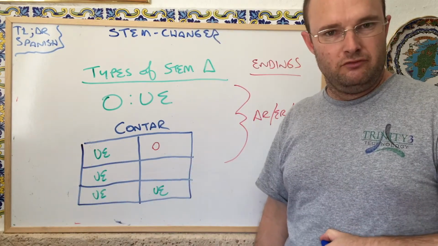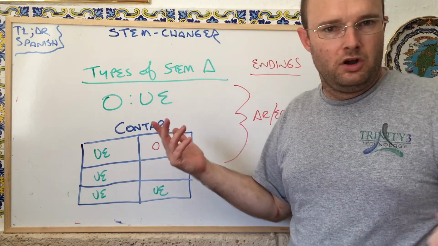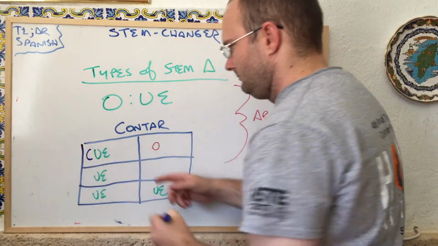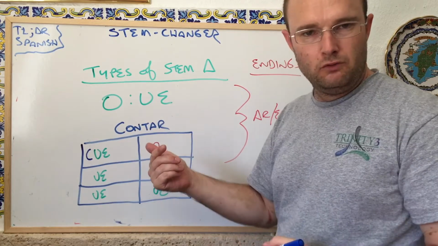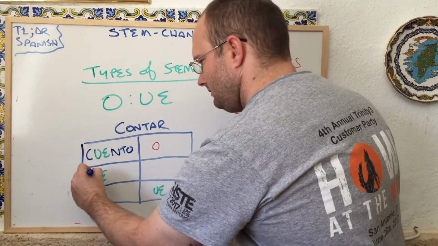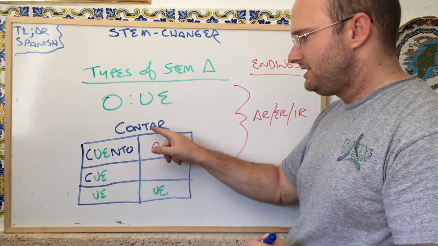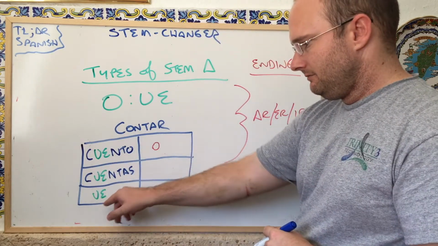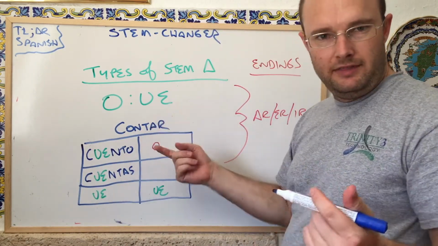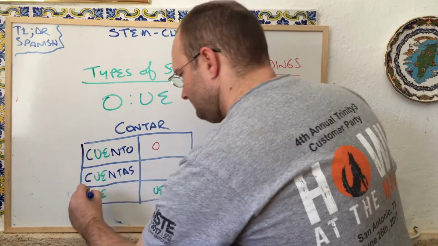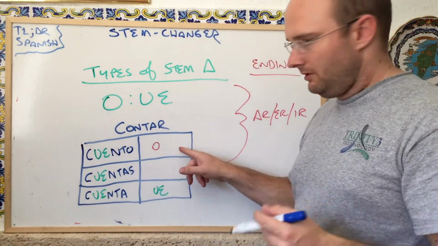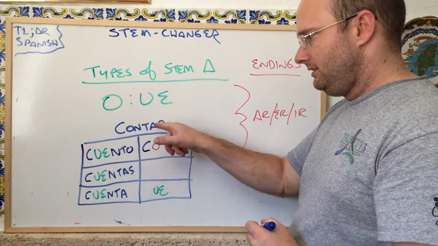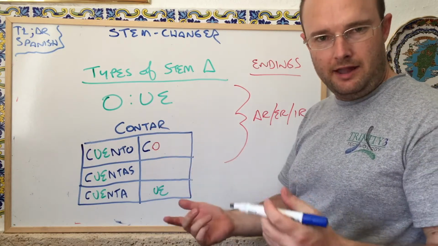Now all I need to do is just fill out the rest of the verb as if it were a regular AR verb. So I have C, N, T, and then the yo form would be O, C, UE, N, T, and then the tú form would be AS, C, UE, N, T, and the él, ella, usted form would be A. Now I have the nosotros form, C, O, N, T, and then the nosotros form would be amos.